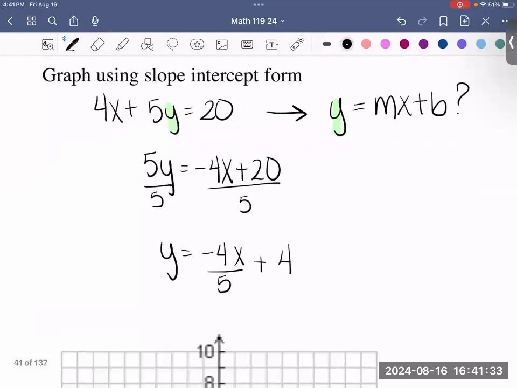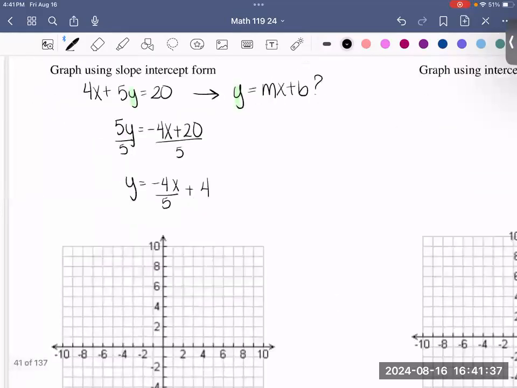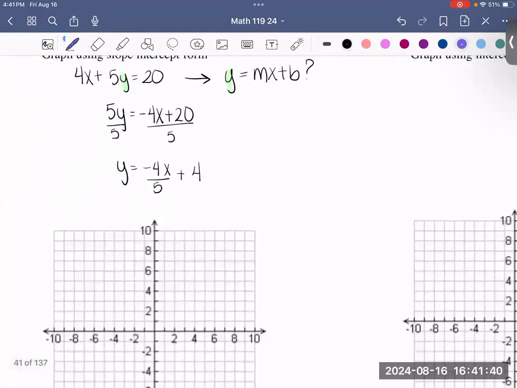Now, can you graph this line? So again, go ahead, pause the video, try and graph your line. We're starting here at 4. And then our line, are we going to be increasing or decreasing? We're going to be decreasing because ours is negative.